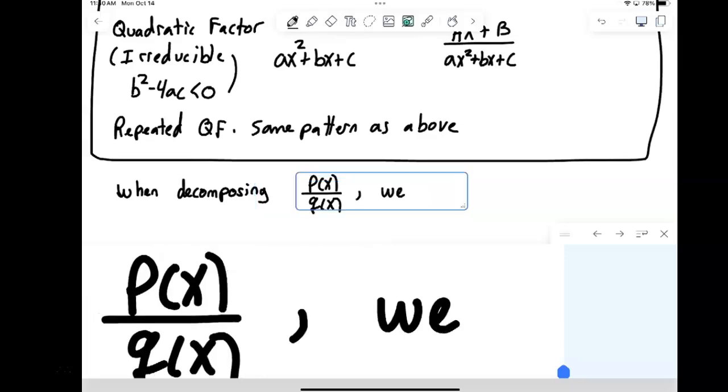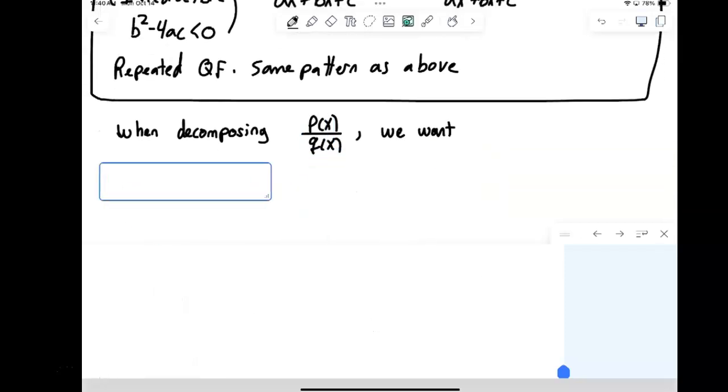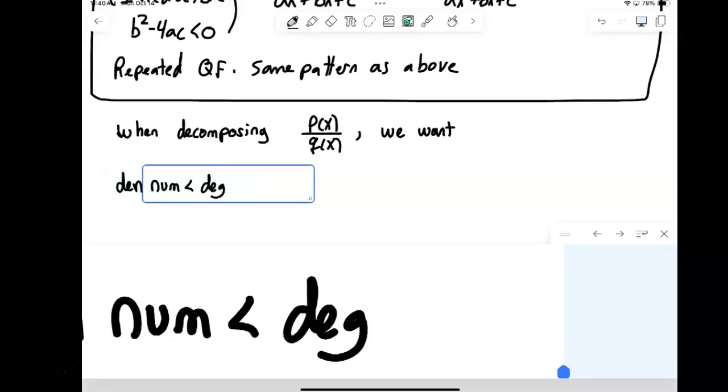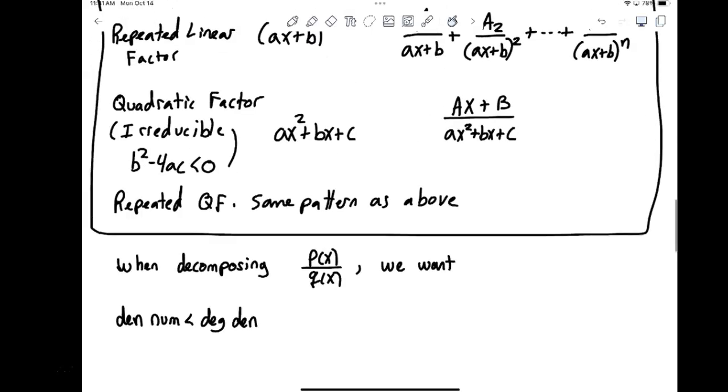We want the degree of the numerator to be less than the degree of the denominator. That's what's happening in all of our assumptions above with how we're going to break these different factors of the denominator up: the degree of the top is always smaller than the bottom.